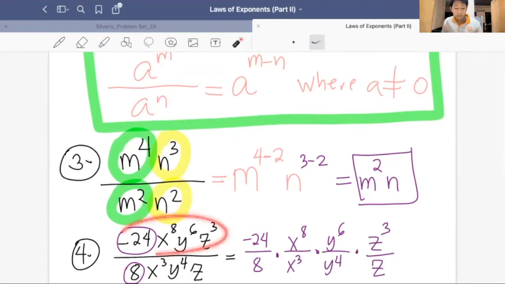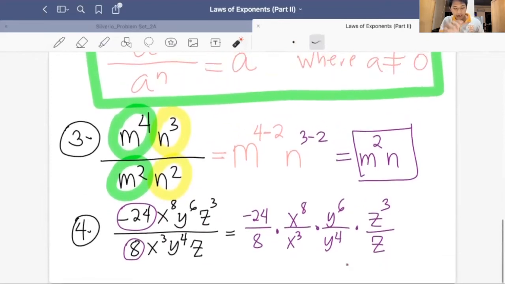Anyway, these are just multiplications: negative 24 times x to the 8 times y to the 6 times z cubed. So we can separate them. Negative 24 over 8 times x to the 8 over x cubed times y to the 6 over y to the 4th, and then z cubed over z. And then just apply your quotient rule.